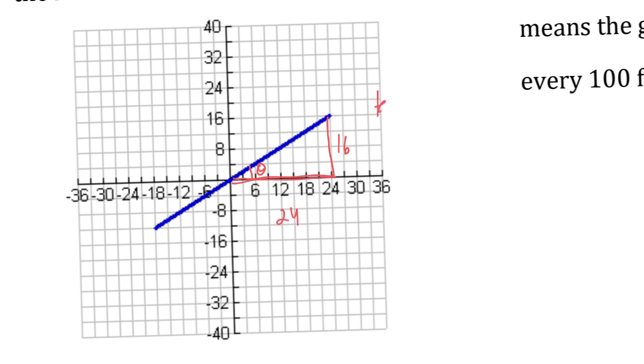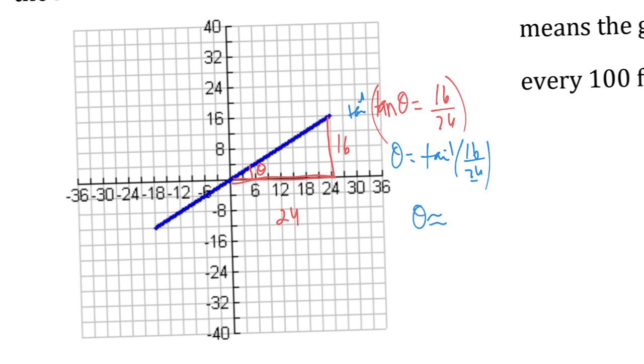So tangent, those are the legs that we know, the opposite over the adjacent. To solve for theta, we're going to do inverse tangent to get rid of the tan. So theta is equal to the inverse tangent of 16 over 24. Use your calculator because I don't know that off the top of my head. So theta is about equal to 33.7 degrees.